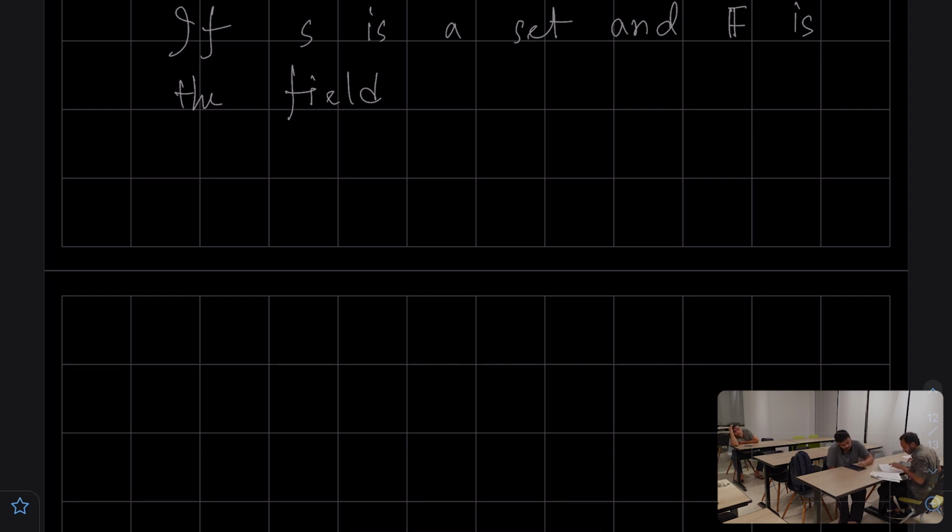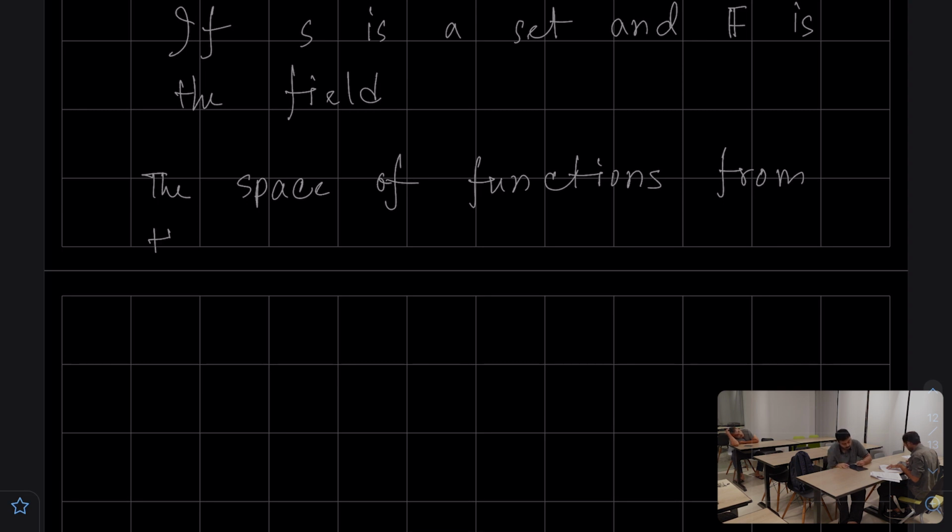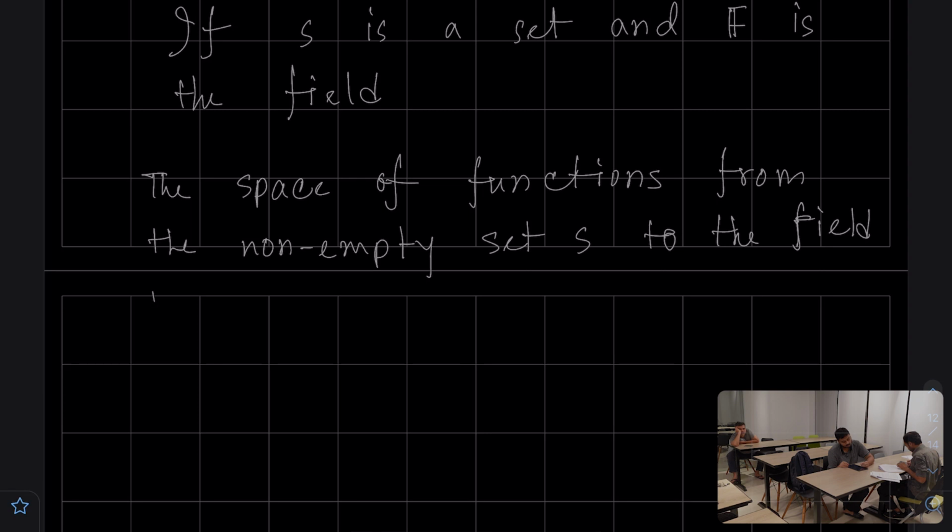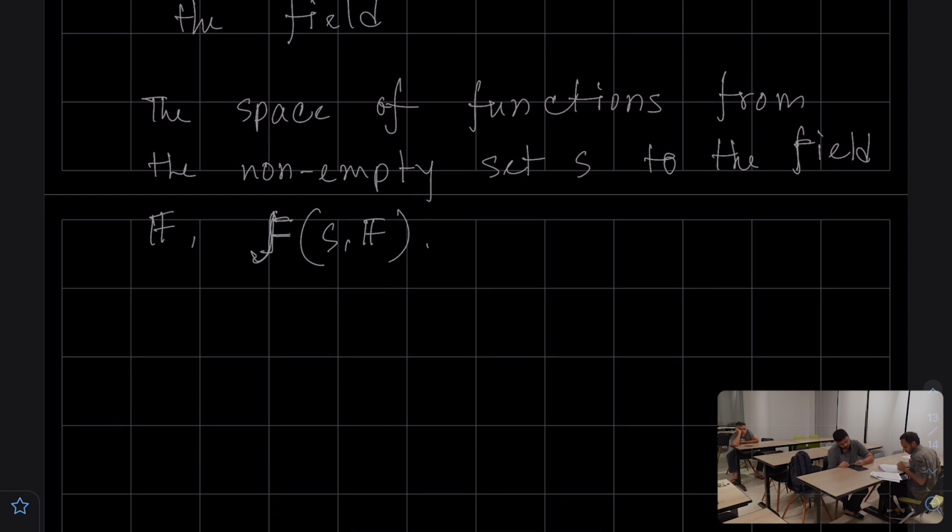What I can do is consider the space of functions from the non-empty set S to the field F, given by F(S, F).